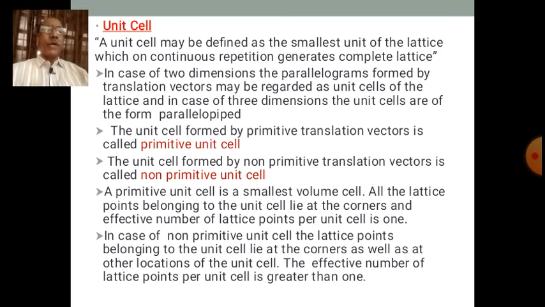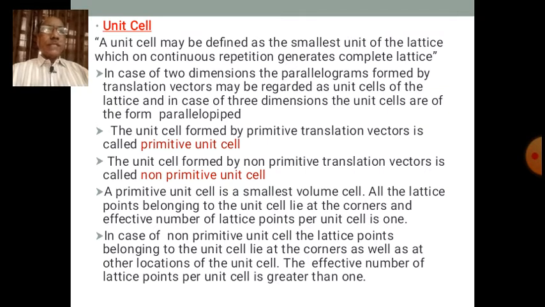The three-dimensional form of a parallelogram is a parallelepiped. So this parallelepiped is a unit cell in three dimensions. The unit cell formed by primitive translation vectors is called a primitive unit cell. We know there are two different types of translation vectors: primitive translation vectors and non-primitive translation vectors.